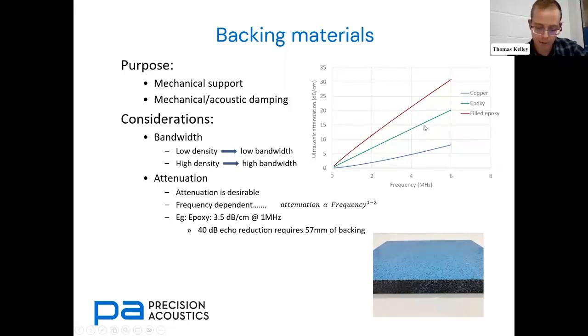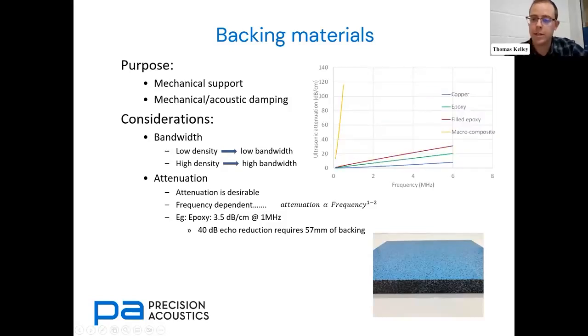But then the epoxy resin itself can be made more highly attenuating by the addition of fillers. And they all pale into insignificance in comparison to the macro composite, which is the yellow trace on the graph here, and is actually the material in the photo here. So this has a vastly improved performance compared to even the filled epoxy, at least over the frequency range it's been designed for. So any energy going into this one pretty much doesn't come back out.